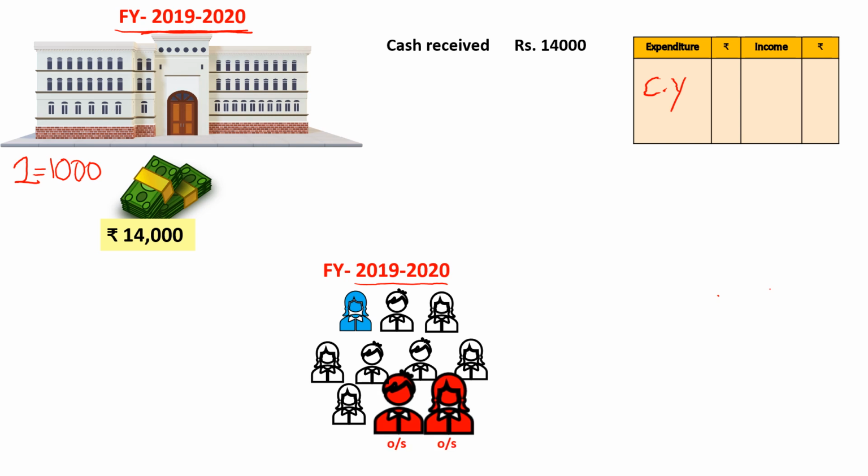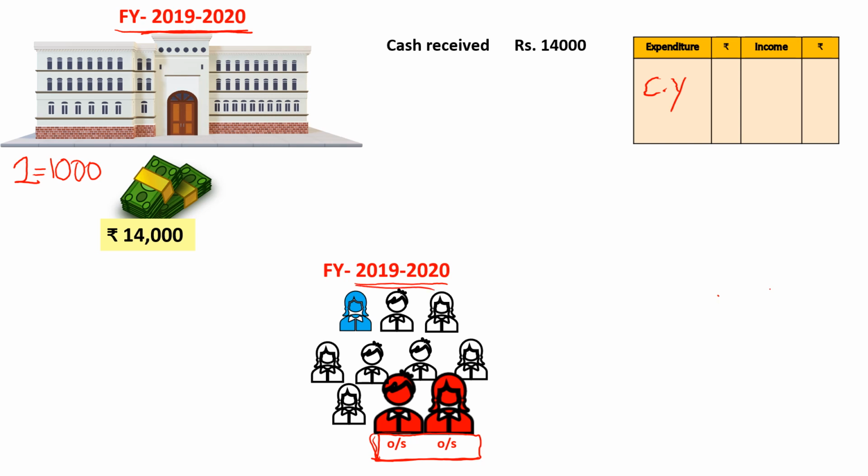So their fees was outstanding for the year 2019-20. That means for the current year, that is 2019-20, these two student fees is outstanding. Per head 1000 rupees, so total 2000 is outstanding for current year.